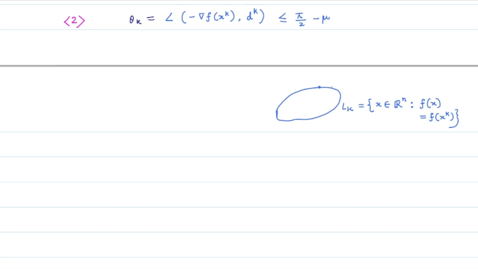We all know the gradient of the function f at xk is perpendicular to the level curve.